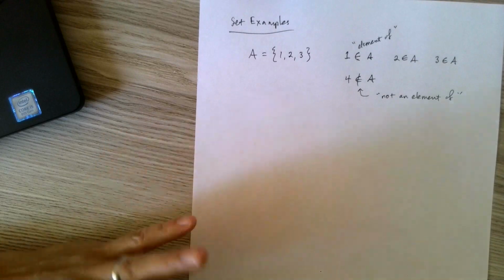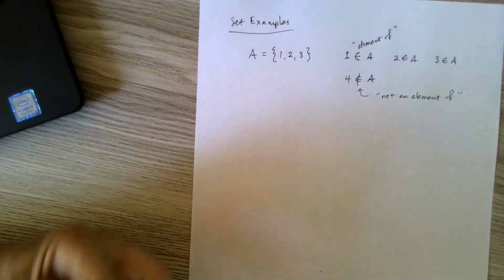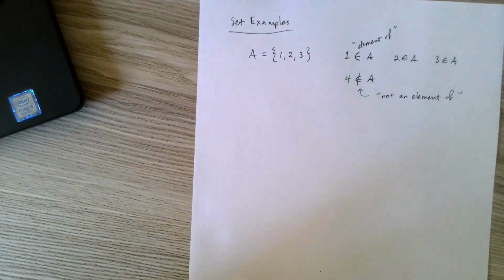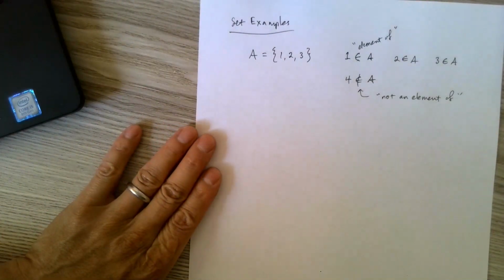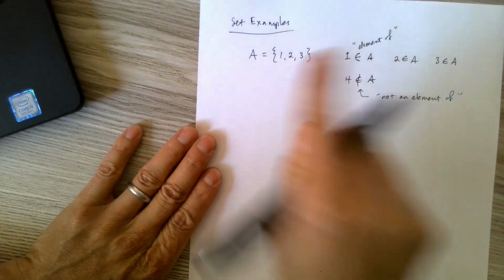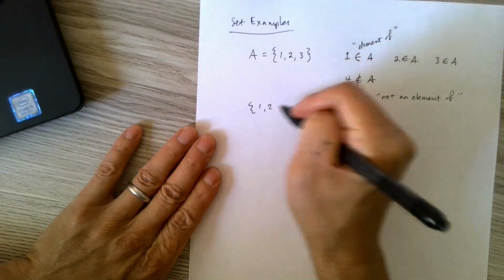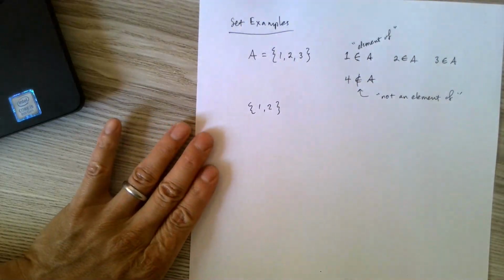Okay, now what about subsets? I mentioned that a subset is a portion of a set, and sometimes I want to talk about a portion of a set and not simply just one element in a set. So I can take a portion of this set, for example, the set containing 1, 2.